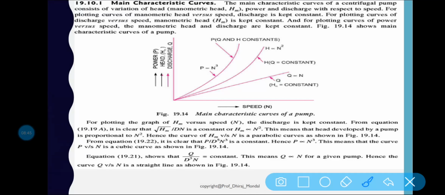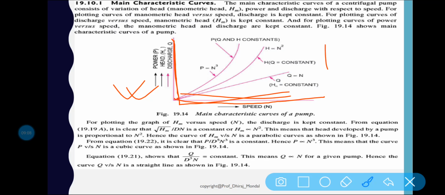So what do you mean by the main characteristic curve? Here it is. The main characteristic curves of a centrifugal pump consist of the variation of head, that is the manometric head, power, and discharge with respect to speed.